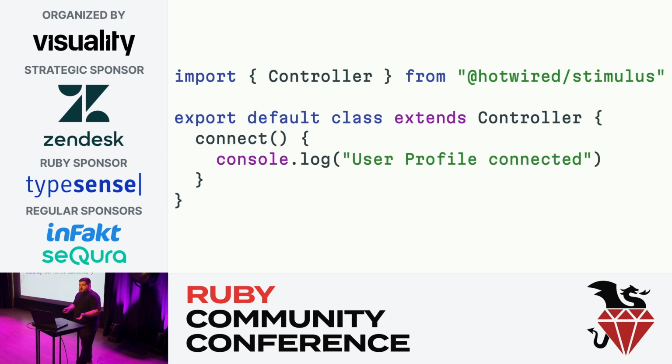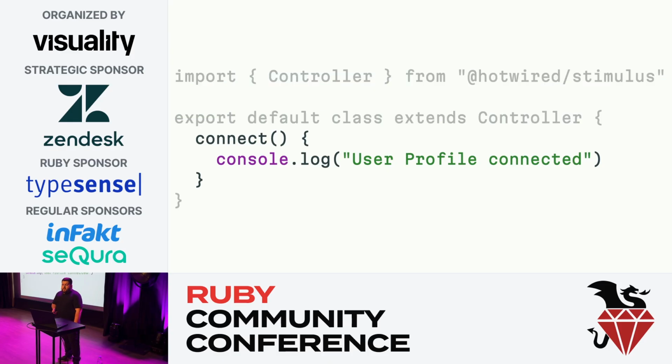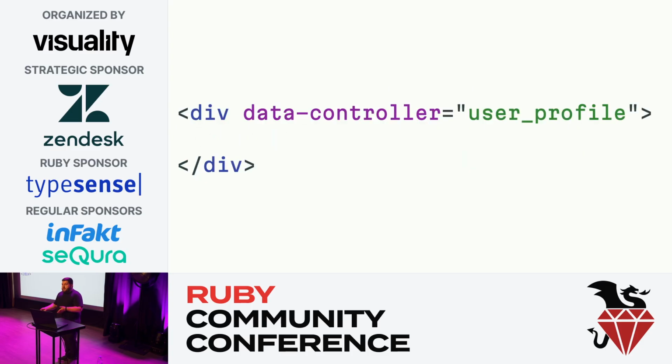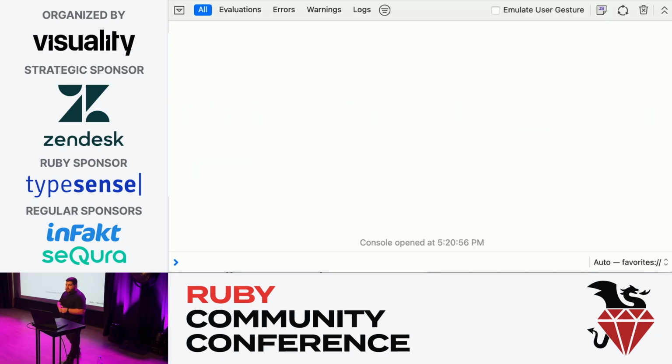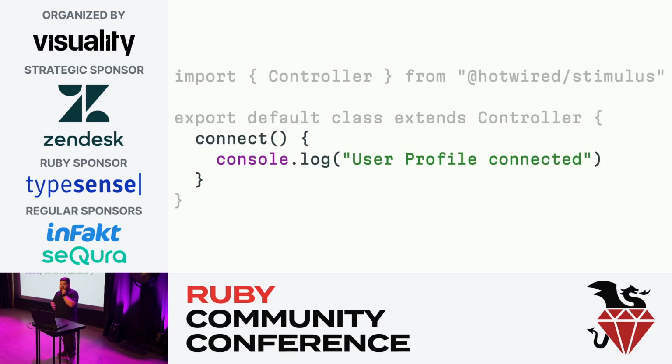It has a console log in the connect action, which should log this when the controller connects to the DOM. And then you go back to your HTML, you write data-controller attributes to connect this controller to your elements, and you reference the controller that you just wrote, and then you check your console in the browser and it doesn't log anything. Even though this clearly has a console log in the connect method.